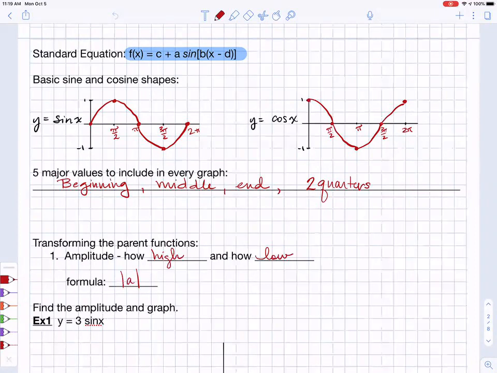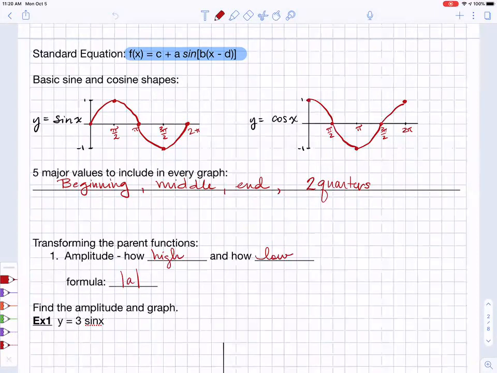From now on, instead of plotting 300 million points like I made you do on the videos, you've got 5 values to work with. Those 5 values are the beginning, the ending, the middle, and then the middles of the middles, we'll call them the quarter points. So the beginning, the middle, the ending, and then the 2 quarters. Those are the only 5 values that I'm going to make you worry about from here on out.